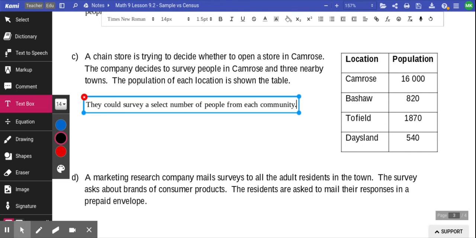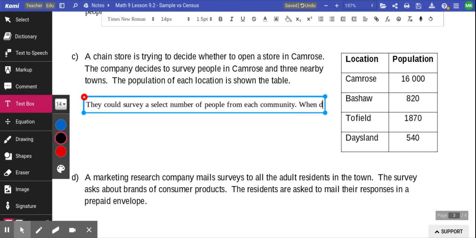So from Camrose, for instance, they might do 5,000 people. For Bashaw, they might do 100. From Tofield, a couple hundred. Daysland, maybe 20 people. Right? But they're breaking it up by community. Instead of just randomly letting people answer, they are surveying a select number of people from each part of the community. So some from Camrose, some from Bashaw, some from Tofield, some from Daysland.